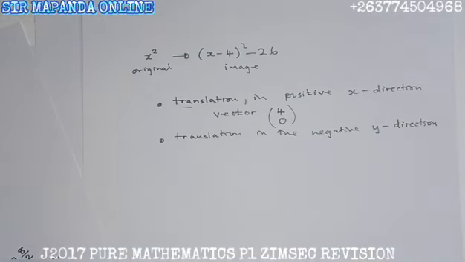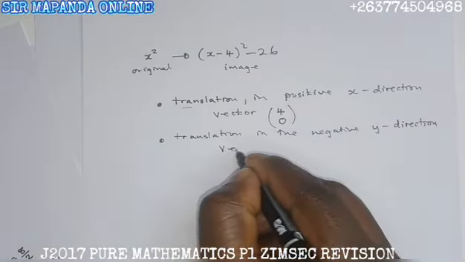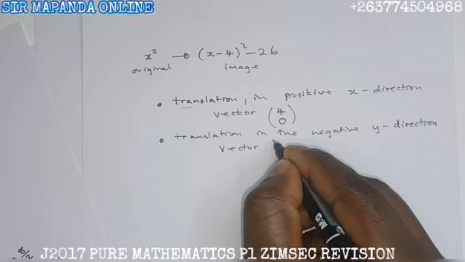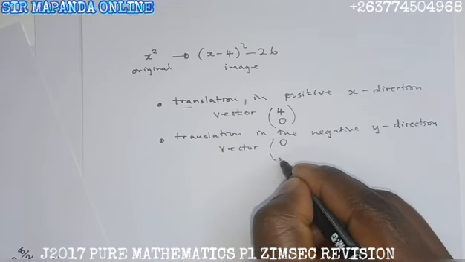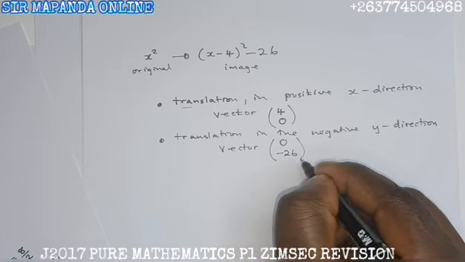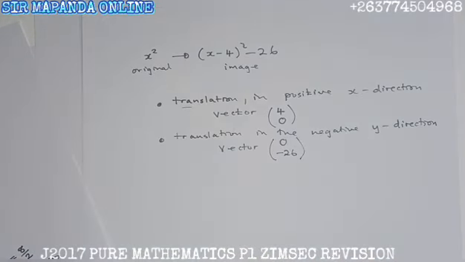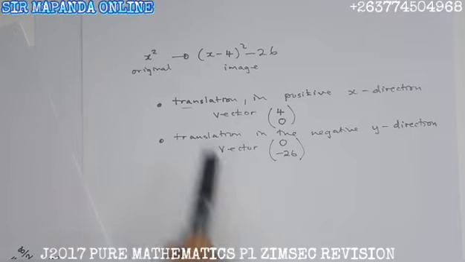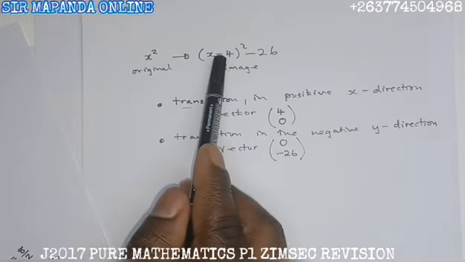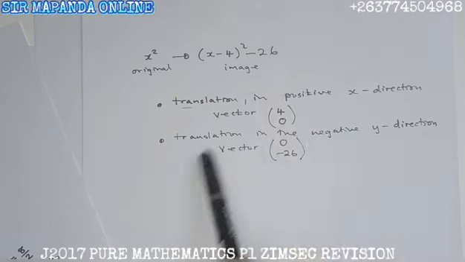In the negative y direction, then you also give the vector. Since it is for y, you put minus 26 below. Then you are home and dry. So this is how you describe it. So for x, there is a sign change. This minus 4 becomes plus 4. But for y, minus 26 remains the same.